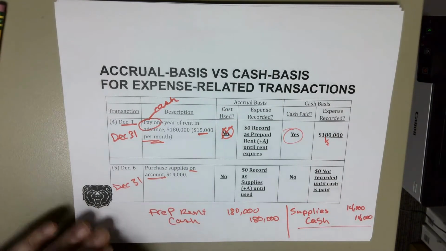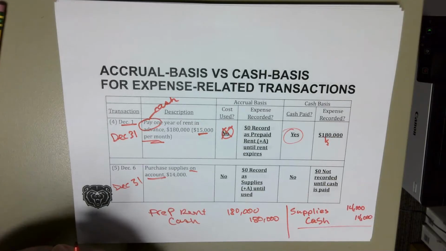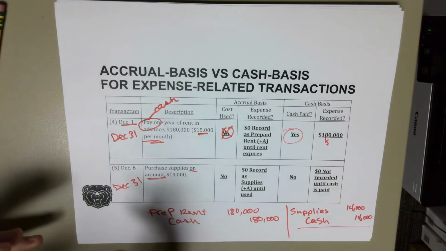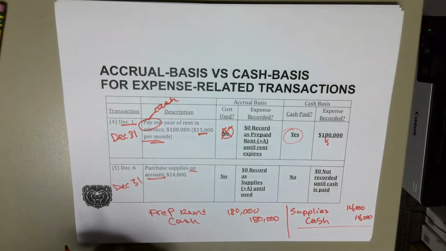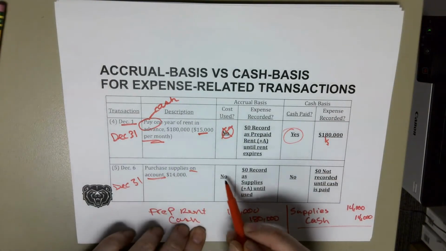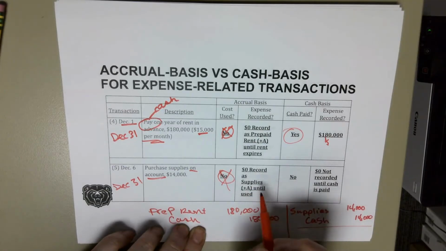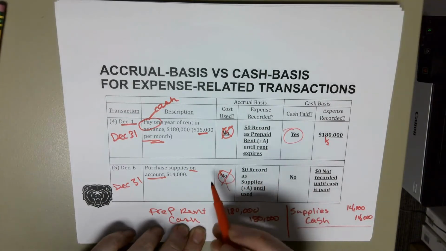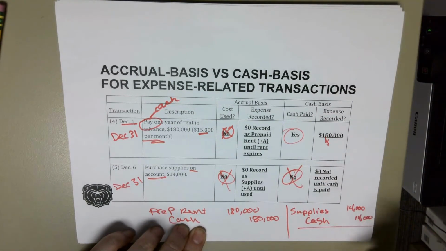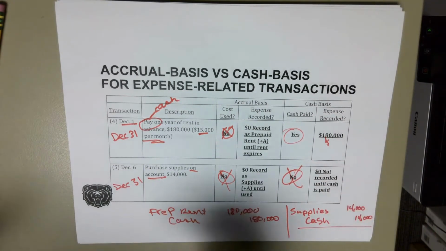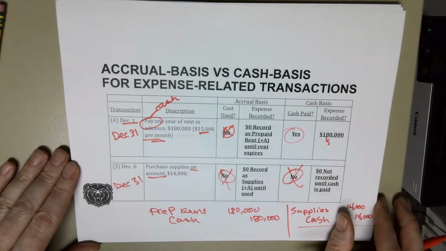We will say there are $9,000 left in the supplies. So how much did we use? Well, we used $5,000 worth of supplies, right? So in this instance, no, we're not going to record any expense here because we have not used any of that resource yet. And then cash basis, again, no, we didn't pay any cash, so we're not going to record it until we actually pay some cash, okay?